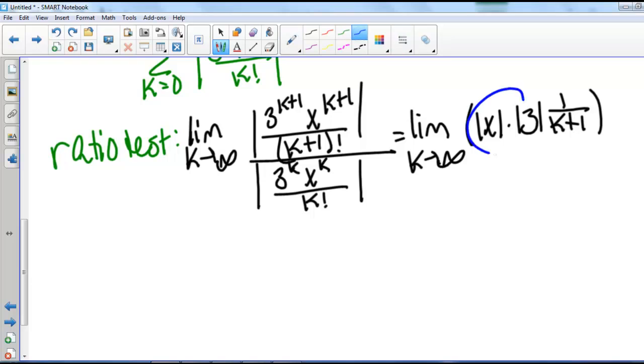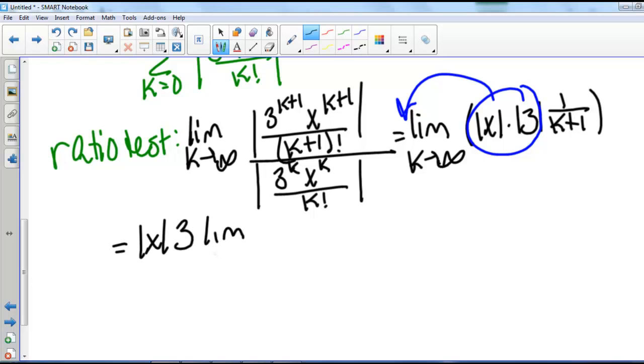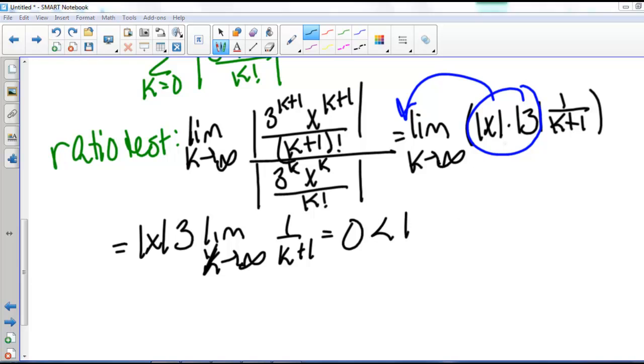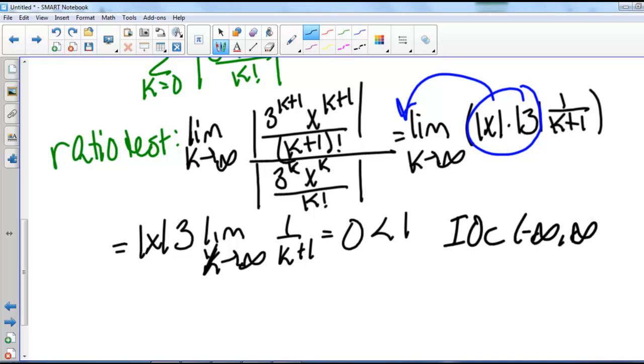So we can pull our absolute value of x and 3 in front of the limit, so that we have the absolute value of x times 3 times the limit as k goes to infinity of 1 over k plus 1, and that equals 0, which is less than 1, so we converge for all x, and our interval of convergence is negative infinity to infinity.